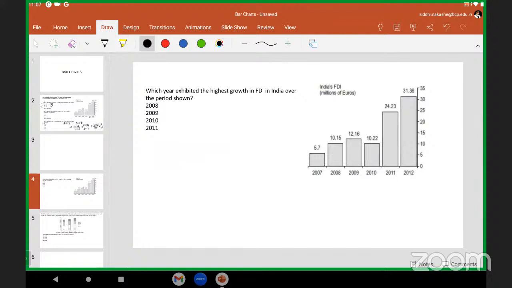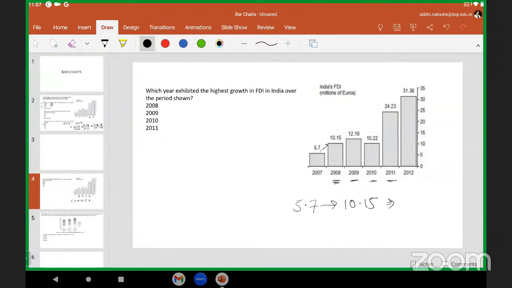So next question: which year exhibited the highest growth in FDI in India over the period shown? So the options are 2008, 2009, 2010, and 2011. We have to find which year exhibited the highest growth. The growth can be compared to the previous year. So let's start with 2008. It is almost, if you see, 100%, so 5.7 goes to 10.5.